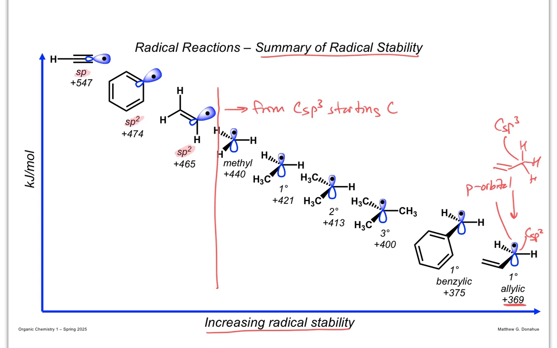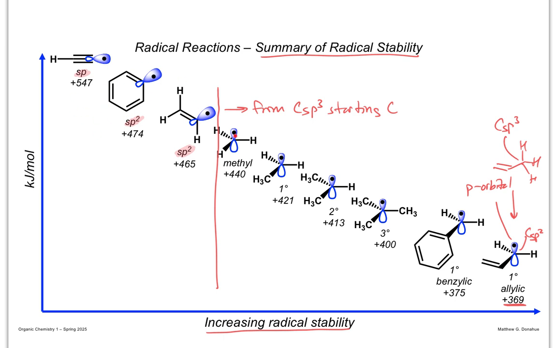The radicals now do not exist in a p orbital. They exist in the type of orbital that the original carbon is hybridized in. And that makes them less stable. So notice the numbers are now higher. For an sp2 hybridized radical, it's 465. That comes from an alkene. If we're starting from an aromatic CH, that's plus 474. If we're starting from an alkyne CH, that's plus 547. That's an sp orbital. So these three are higher in energy, they're less stable.